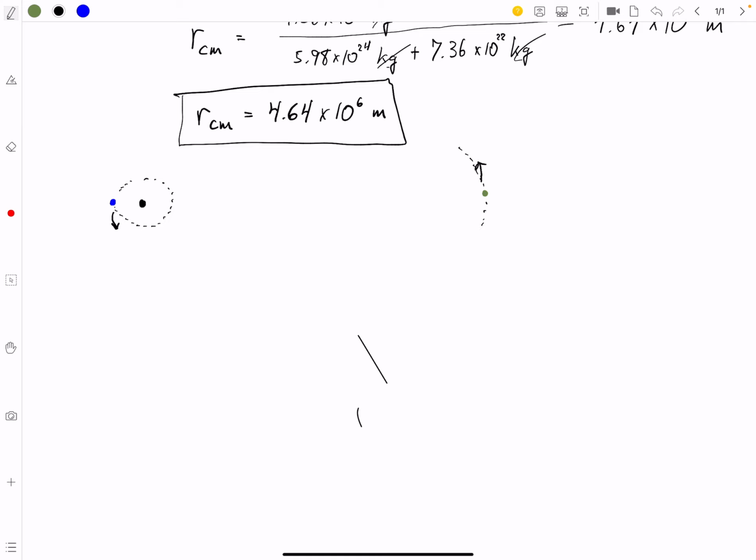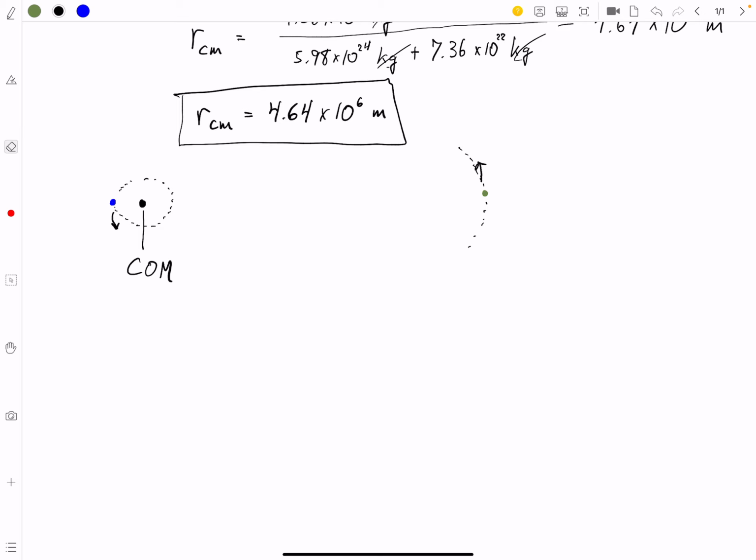Okay, they both revolve around that center of mass in the same time. What is it? Once a month, 28 days, something like that. They both do their revolutions about that point.